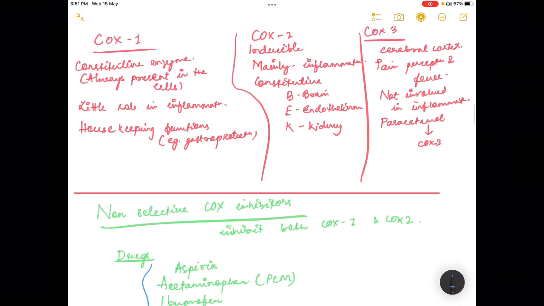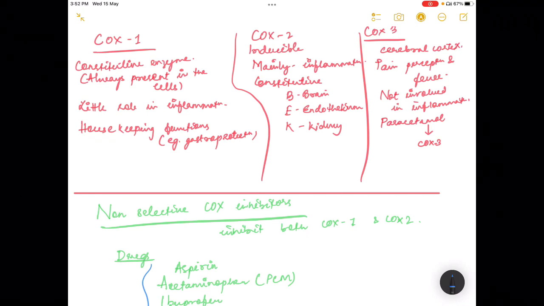Then we discussed the COX-1 enzyme. COX-1 is a constitutive enzyme always present in the cells and it has little role in inflammation, and it has housekeeping functions like gastroprotective action. Then there is the COX-2 enzyme. COX-2 is inducible. Mainly it is implicated in inflammation, and it is constitutively present in the brain, endothelium and kidney.